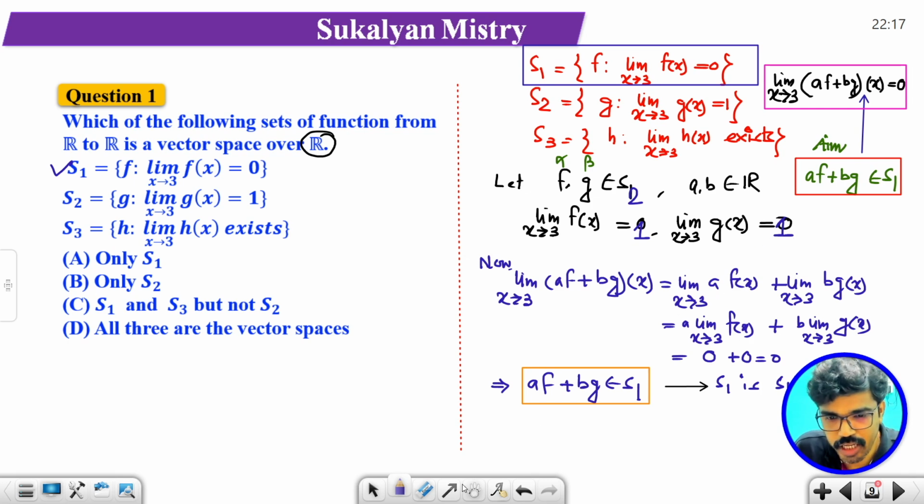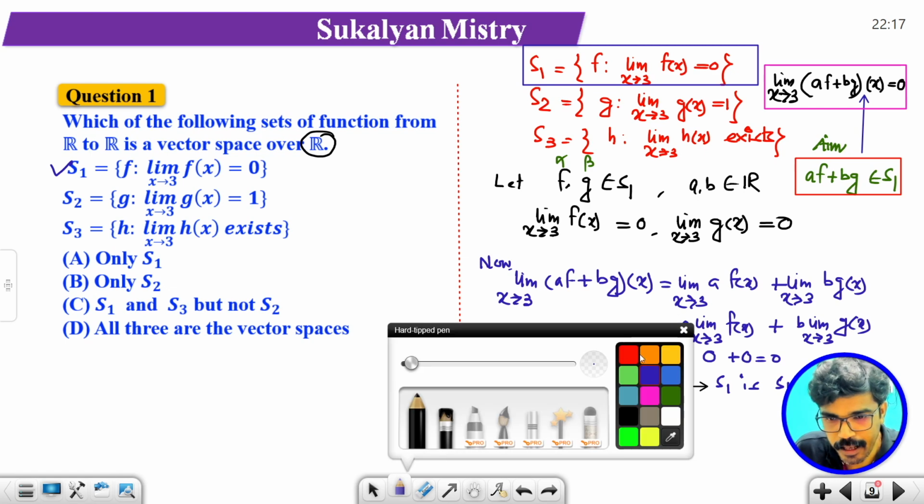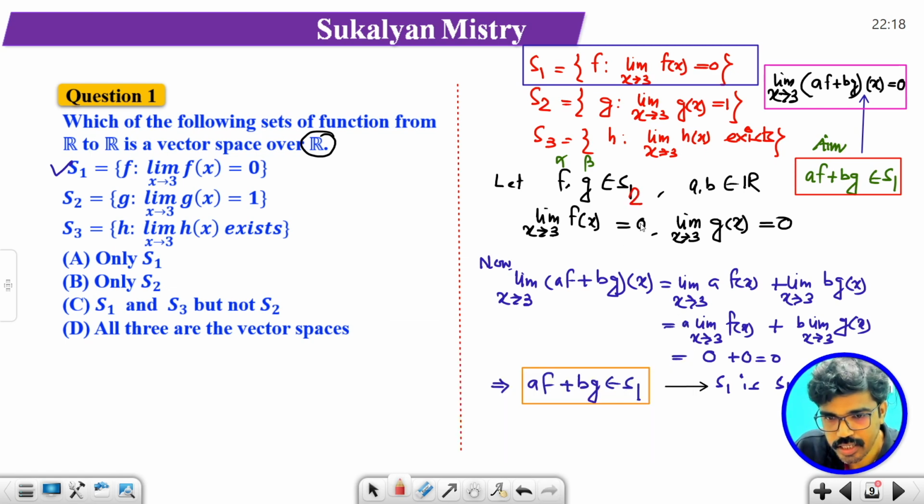Then the constants change, so this will not be 1, it will become 2. Here we get a times 1, here b times 1, which is not equal to 1. If you consider a and b as 1, you get 2. So af plus bg does not belong to S2. Okay, so that's why this is not a vector subspace, getting my point?